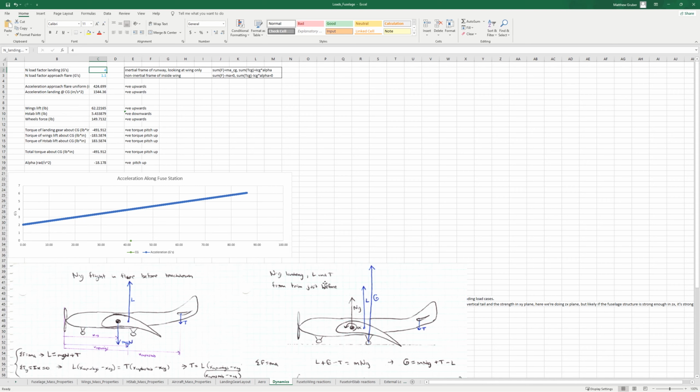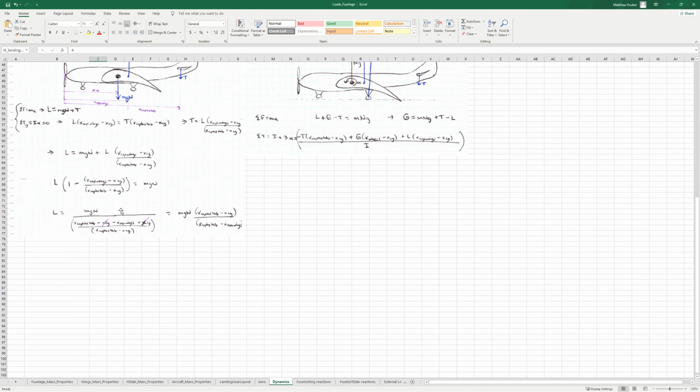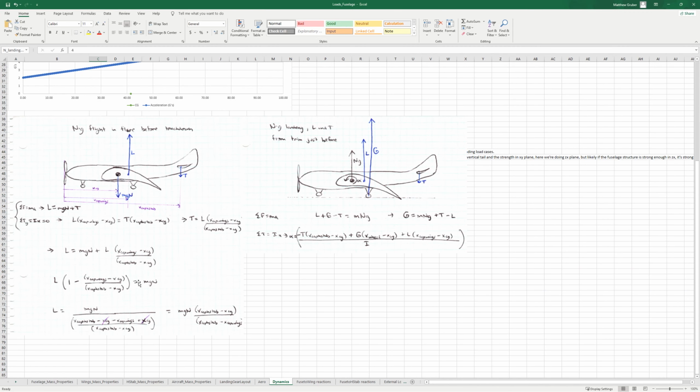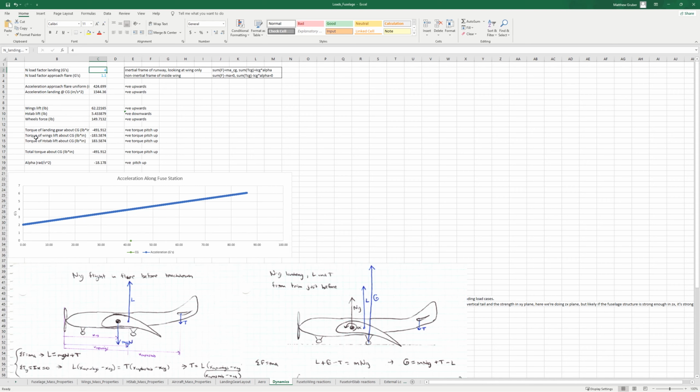But for the rest of this sheet, we are taking into account this angular acceleration when we're touching down. And yeah, you can go through the free bodies here. We did these calculations as a whole aircraft, but if we're going to do a free body of just the fuselage, then we need to take the wings off and take the HStab off and look at what forces are moving from the HStab to the fuse and from the wings to the fuse.